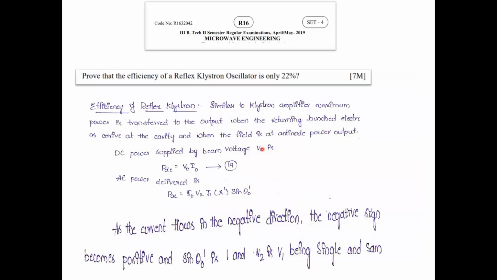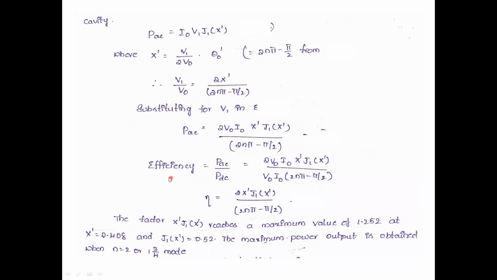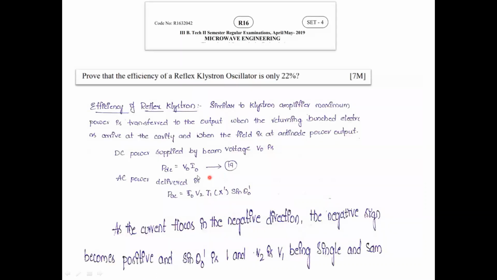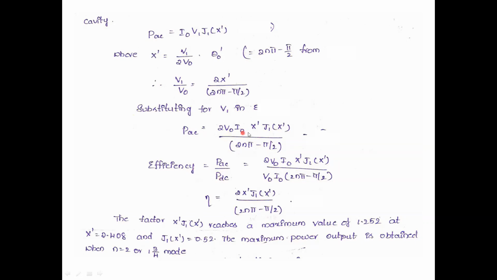From the previous one, we know PDC here. So efficiency equals PAC divided by PDC. You are having the PDC as V naught into I naught. So 2 V naught I naught x dash j1 of x dash divided by 2n plus 1 pi by 2, and this is the PAC term.